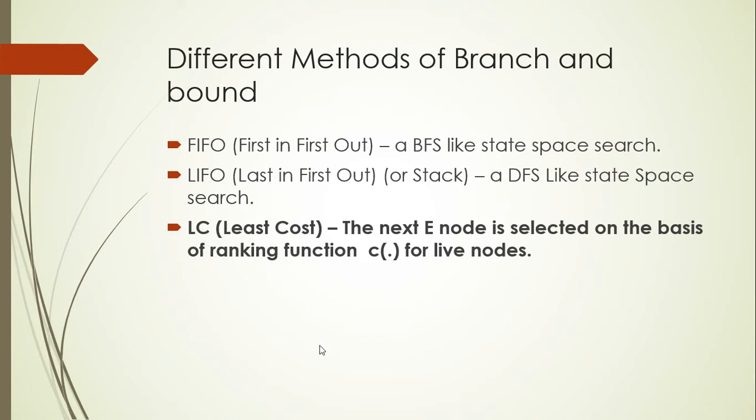Here we use a stack and the DFS, that is depth first search, method to develop the state space tree. Third one is the least cost method. In this method, the next E node is selected on the basis of a ranking function for live nodes. So here we are going to use the least cost method to solve this problem.